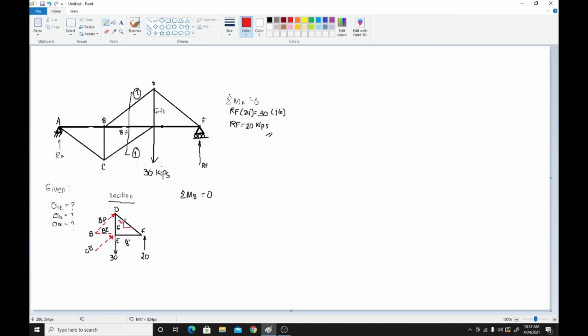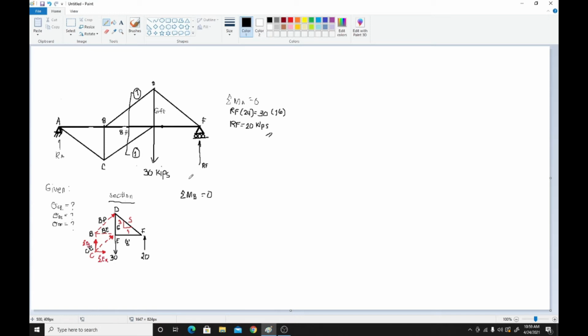On the other hand, the ratio for this triangle is 3, 4, and 5. So if we extend the value at point C, then we can put the components of C here. This is CEX, and this one is CEY.